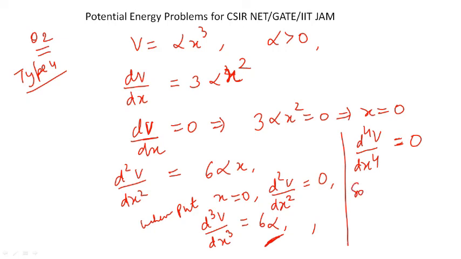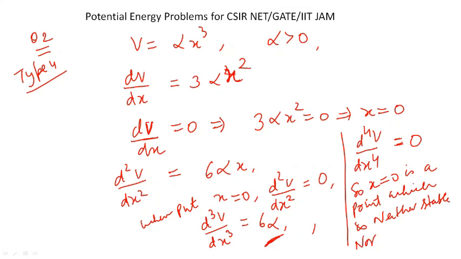So x equal to 0 is a point which is neither stable nor unstable.